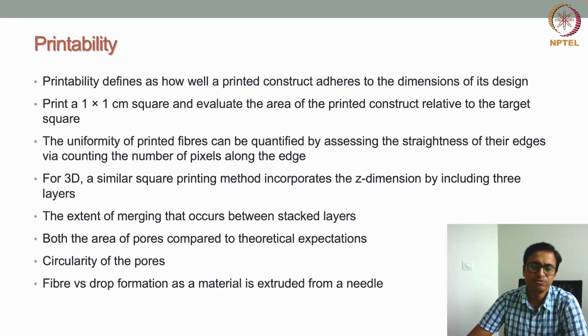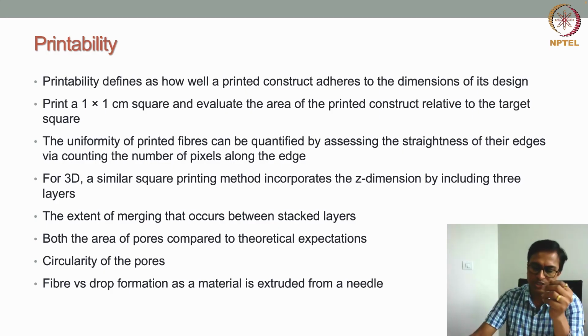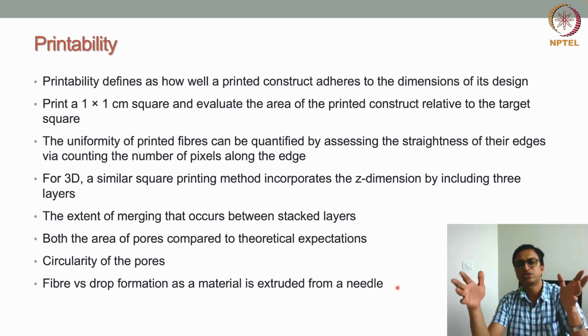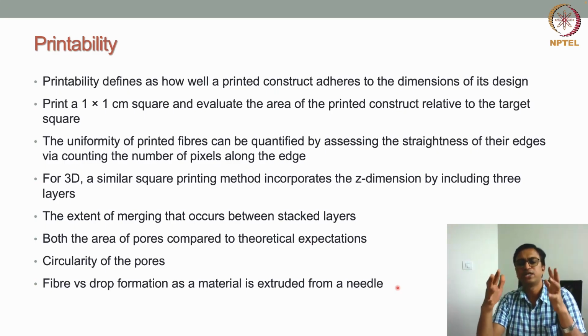Other than this, some of the literature also evaluates, when you are extruding the bioink through the extrusion nozzle at certain pressure, whether there is a drop formation of the bioink, or a fiber formation, or a widening of the fiber as it comes out of the nozzle.